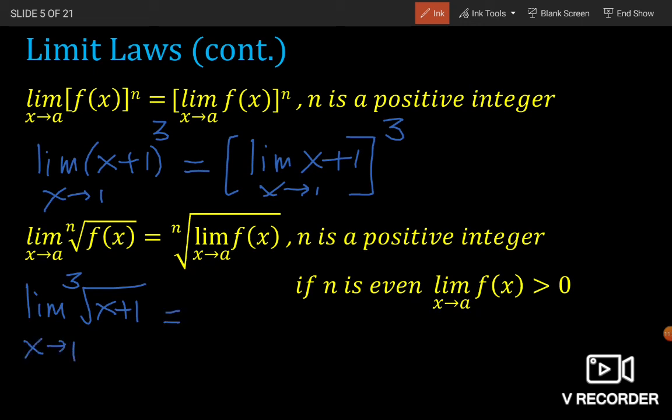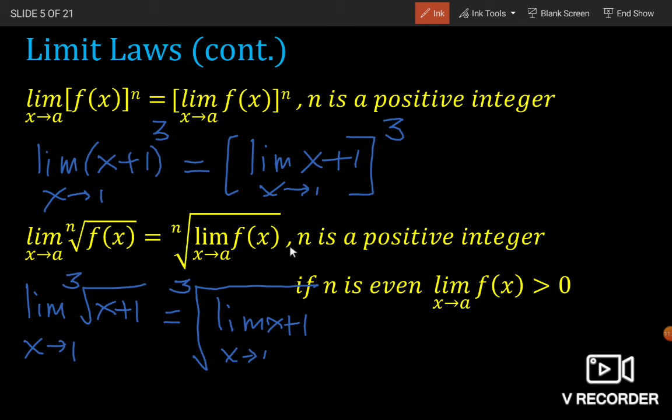This can also be expressed as the limit of x plus 1 as x approaches 1, and then you take the whole cube root. And take note, n, in this case the root, should always be a positive integer, meaning 1, 2, 3, 4, 5, 6, 7, and onwards.